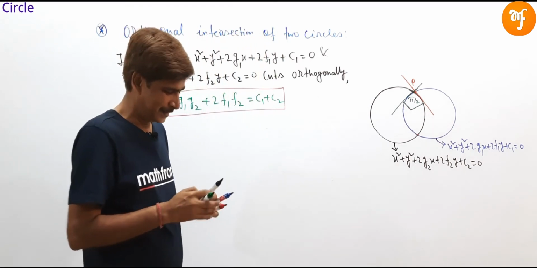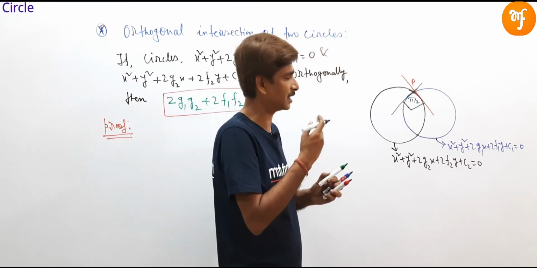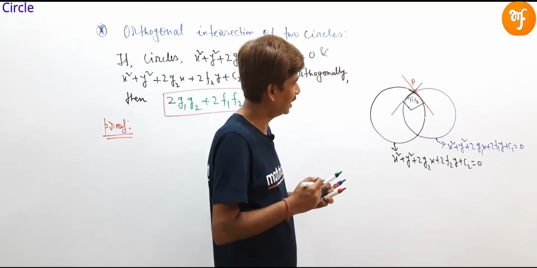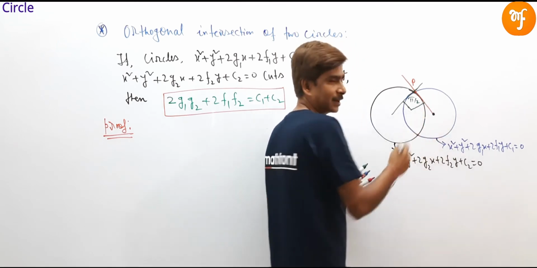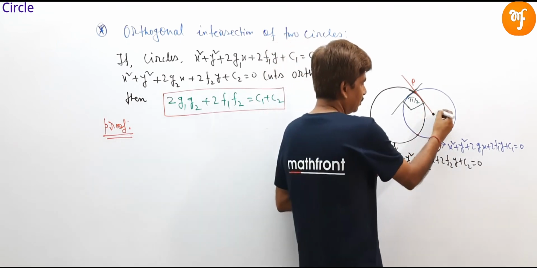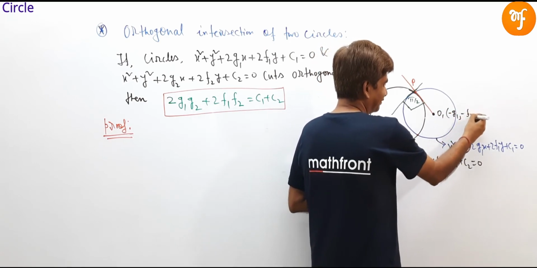So definitely, now one very interesting condition occurs. What? Suppose this is the center of this circle, that is, the center O1 whose coordinate is minus g1 comma minus f1.